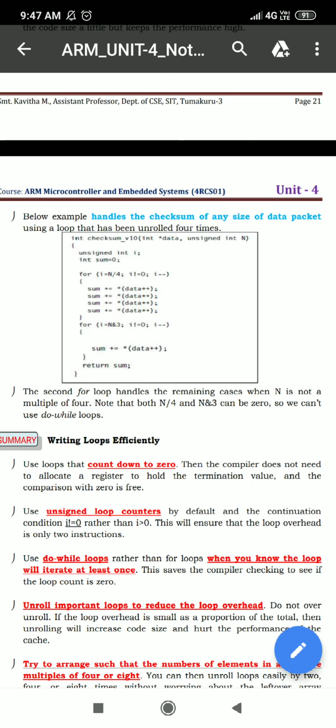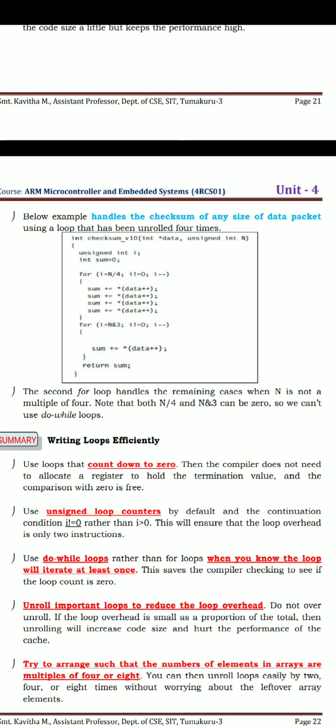That is, we are unrolling the loop 4 times here to handle the number of words which are a multiple of 4. In the second for loop, the variable i is initialized with n & 3, and the test condition is again i != 0, i--, which is again a decrement loop. This handles the leftover cases, where the summation operation is executed one time.